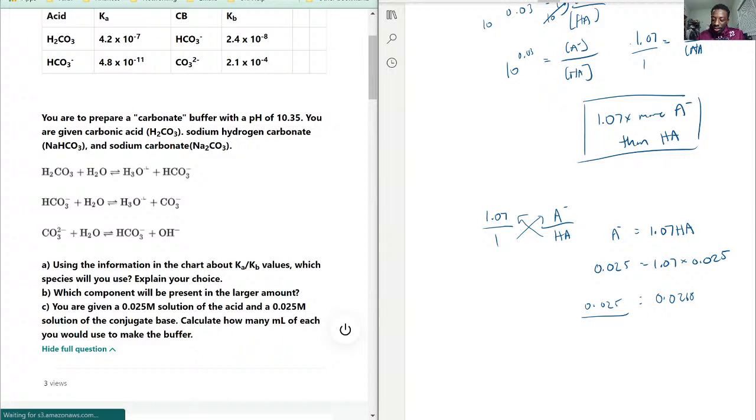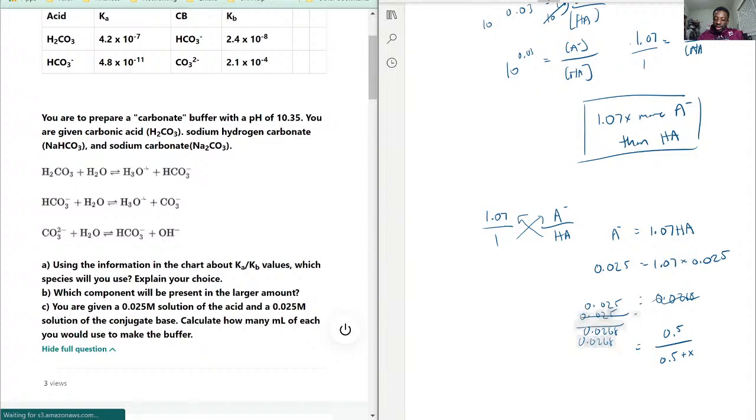So we have 0.0268, so this will be crossed out, is equal to x over x, well, sorry, because we want to, let's say we want to have 1 liter in total, so we're going to have 0.5 here over 0.5 plus x.